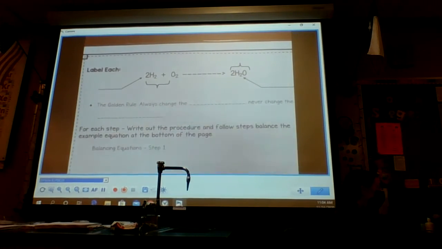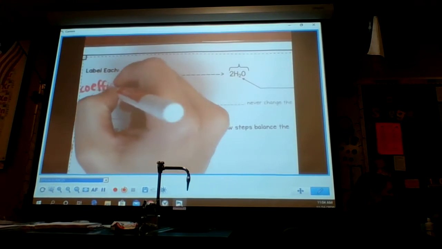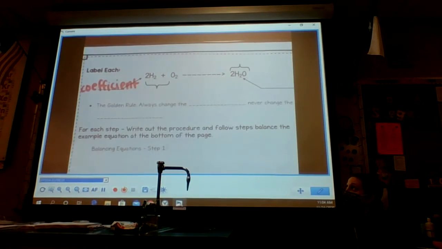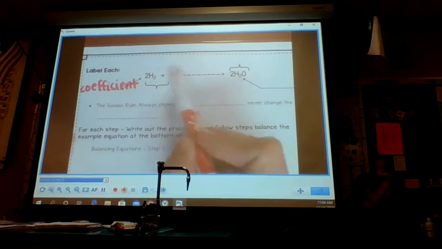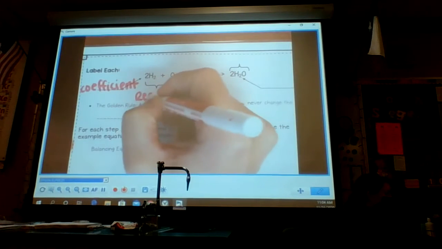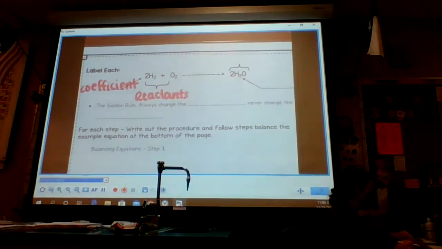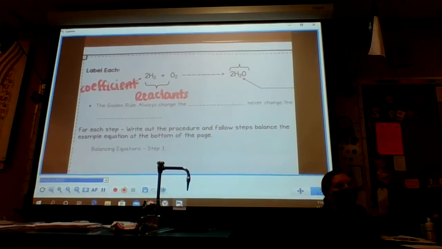What are these big numbers called? Coefficients. What is this left side of the reaction called? Reactants. What's another word for the arrow?